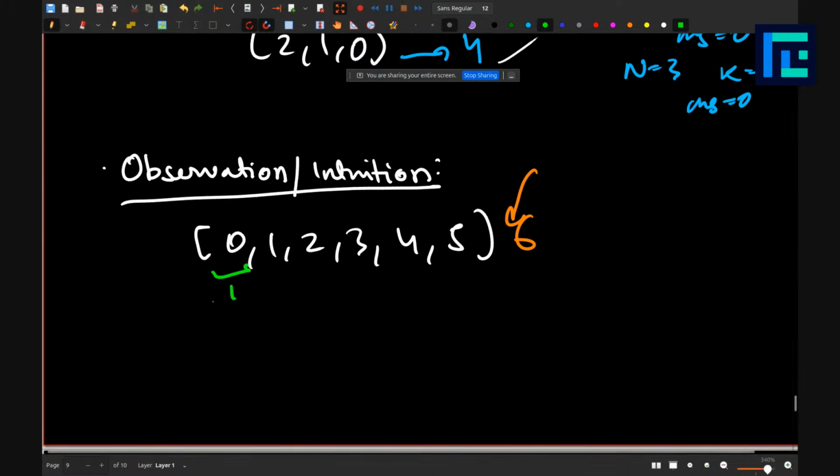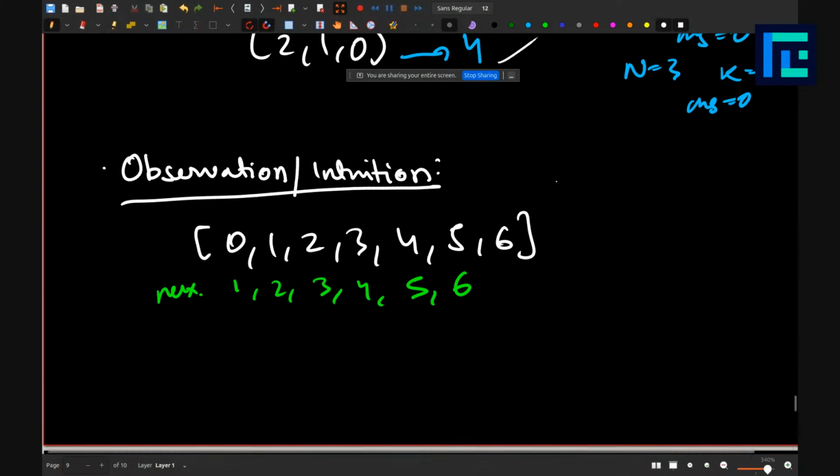The MEX still here is 1, the MEX here is 2, 3, and so on. So I'll just write it down over here. The MEX is 1, 2, 3, 4, 5, 6. If I add a 6 at the end to this array, my array will look something like this. I added a 6 at the end.